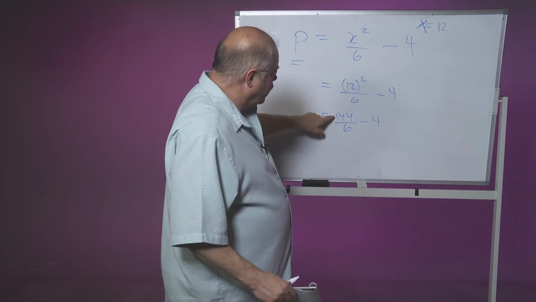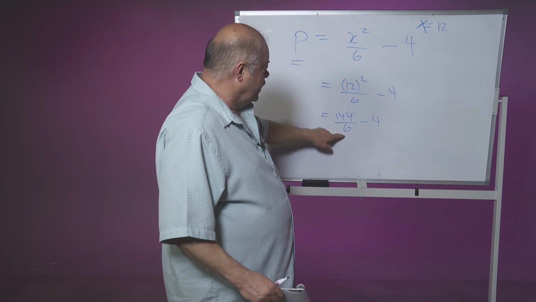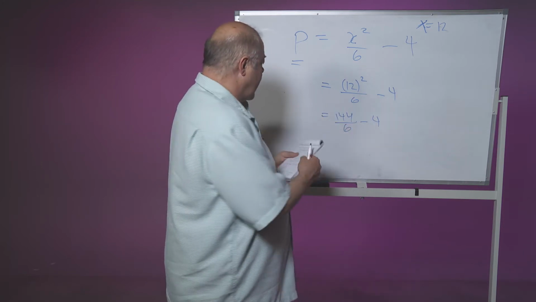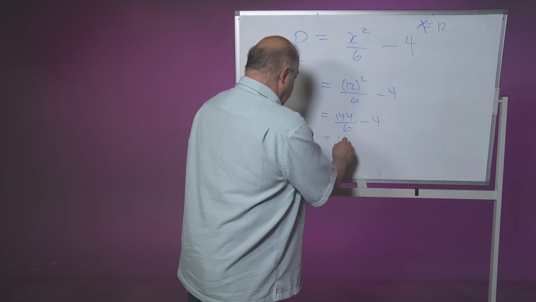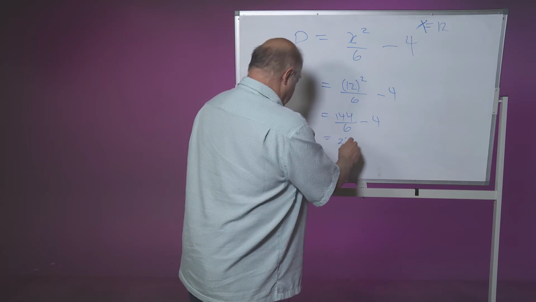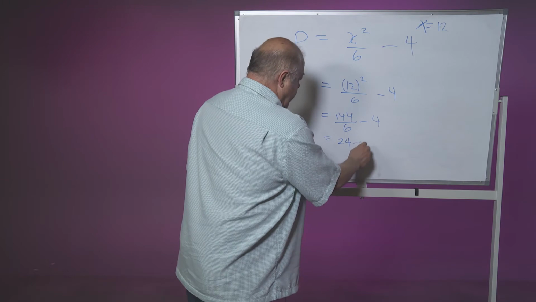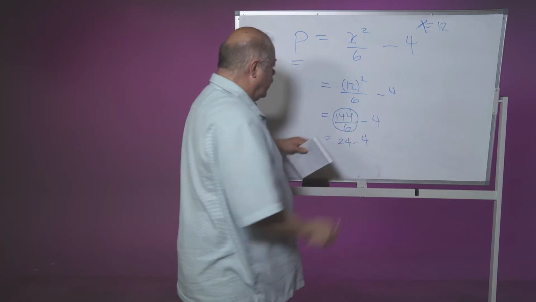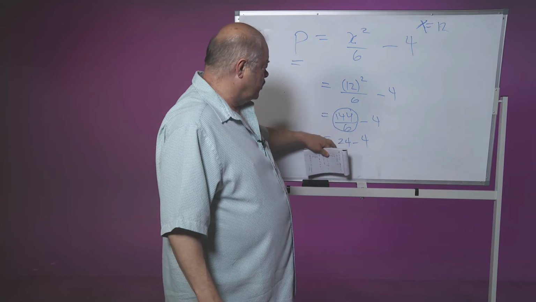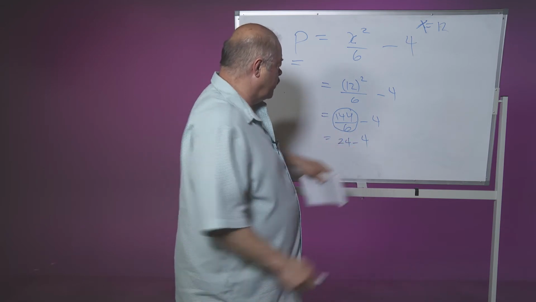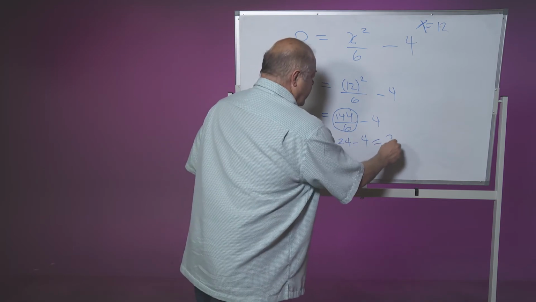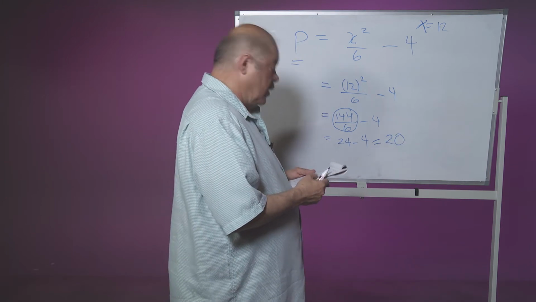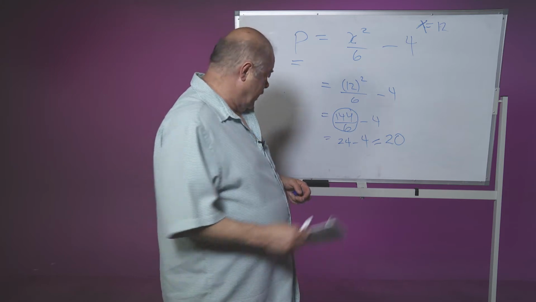I need to do 144 divided by 6, and then whatever that is, I'm going to take 4 off of that. 144 divided by 6 is 24, minus 4, and that would give us the answer 20.